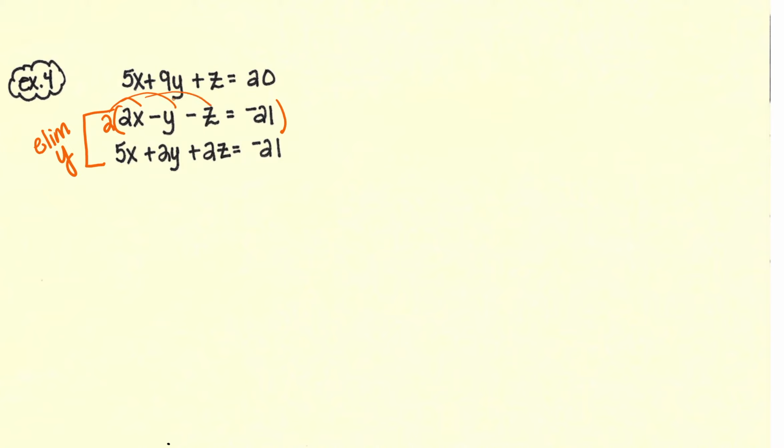So I'll take that 2 and distribute it through, and when I do, I'll have 2 times 2, which is 4x. 2 times negative y is negative 2y. 2 times negative z is negative 2z. And 2 times negative 21 is negative 42.